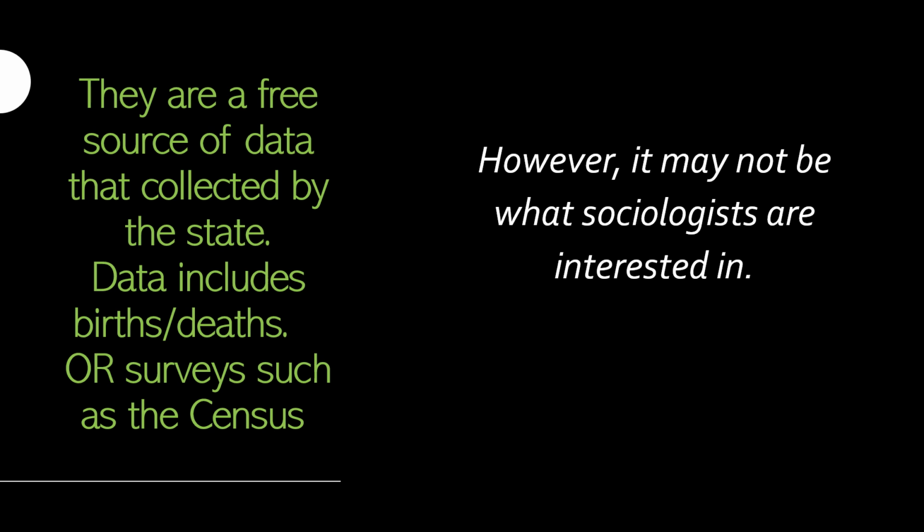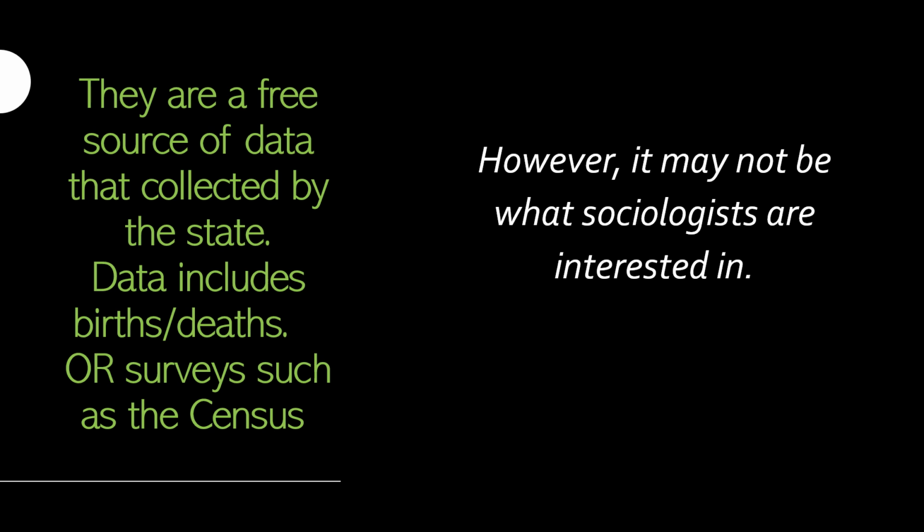Now our main evaluation point for this would be, well, it's not what the sociologist is interested in. And we might explain it by saying that the government collects data such as birth rate or death rate for administration purposes. We need to know the population size, for example, or they might influence policy.